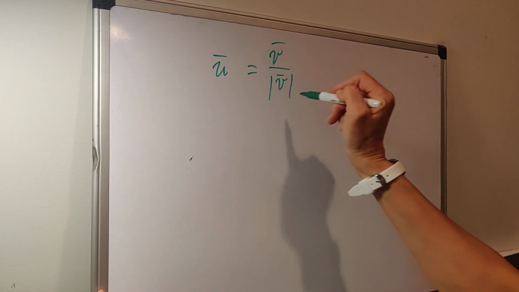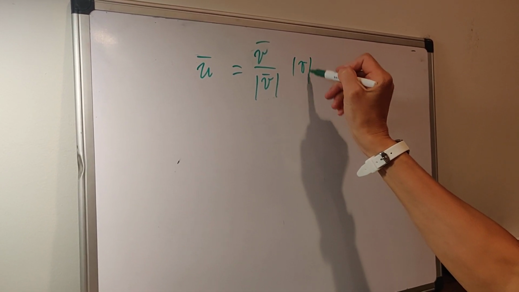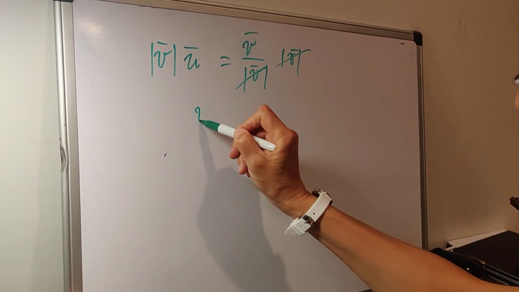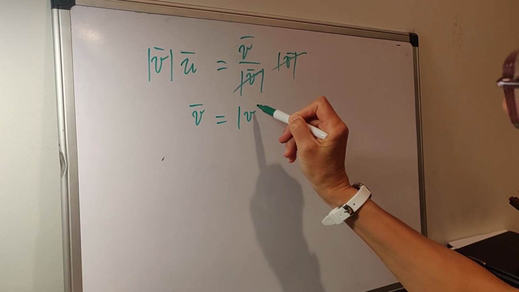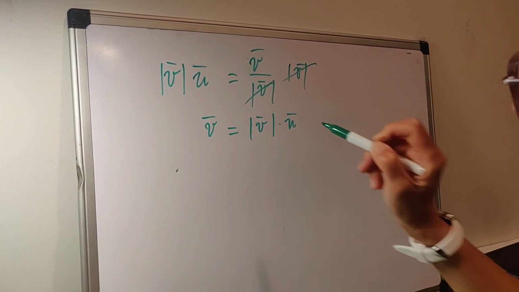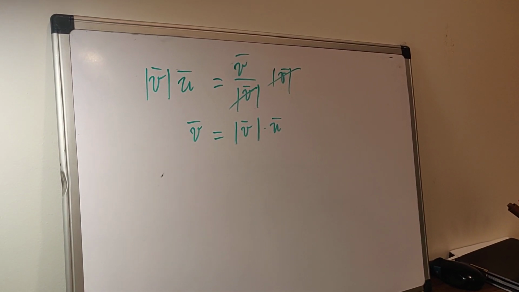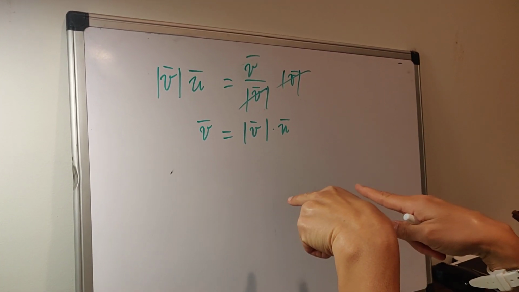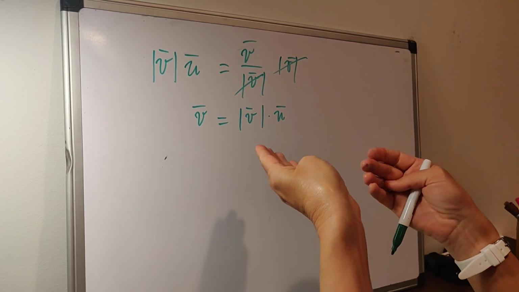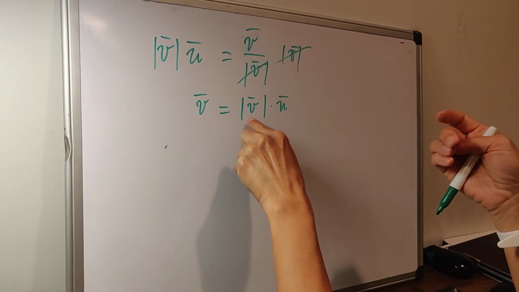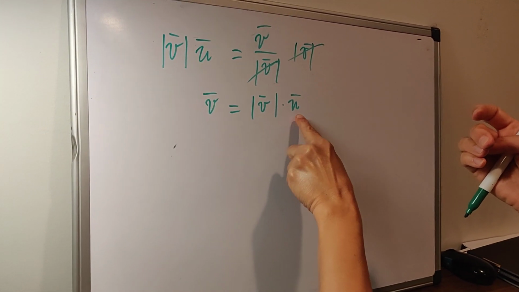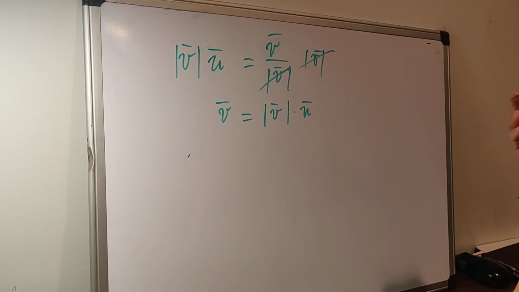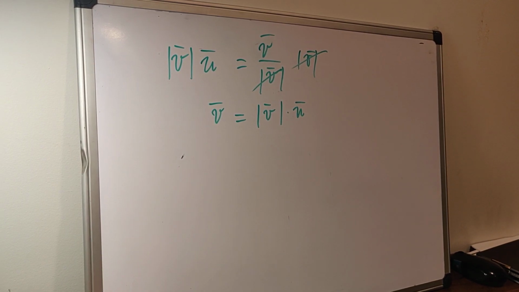If I multiply by length of vector v on both sides, I'm going to get that vector v can be obtained as length of vector v multiplied by a unit vector. So basically what I did over here, I separated direction and the length of vector in two different factors. This is just pure length of vector v, like 5 units. And unit vector is going to tell you in which direction your vector looks, without telling the magnitude.